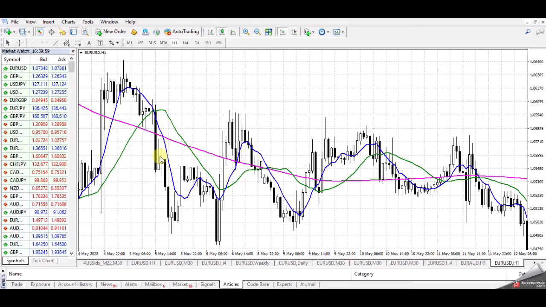Look, you have a white candle, then a black candle, and the market goes down. Again, when you have a white candle followed by a black candle, the market goes down. And again, white candle, black candle, and the market goes down.